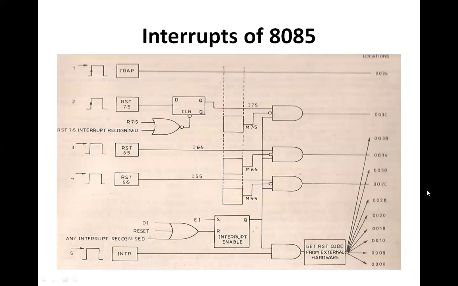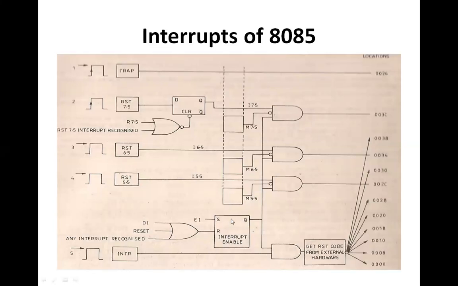These are the certain locations where the subroutine, called the interrupt service subroutine, has been written to handle which device has interrupted through which interrupt. Every location is different, and every program is different depending upon what type of operation it is going to perform. Let us discuss this circuit also. Here we have an interrupt enable flip-flop.